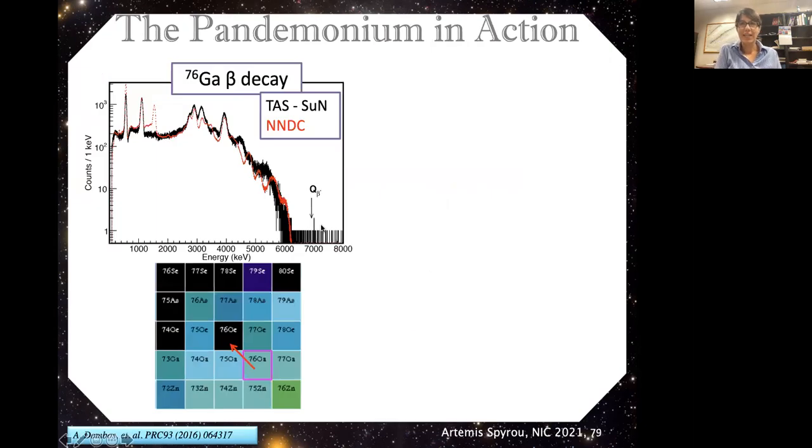So this is an example of what that Pandemonium looks like. For a nucleus that's very close to stability, where there's a lot of measurements that took place in the past. So this is gallium-76 decaying into germanium-76. We see that NNDC here just means what's available in the literature.